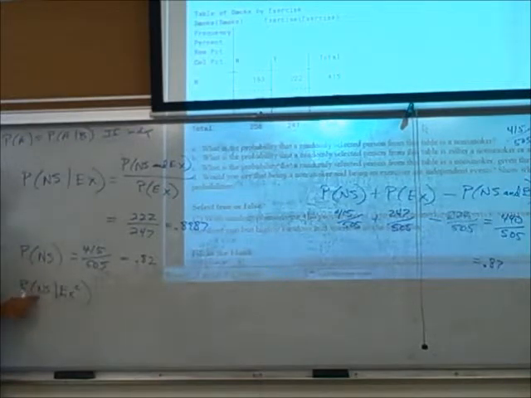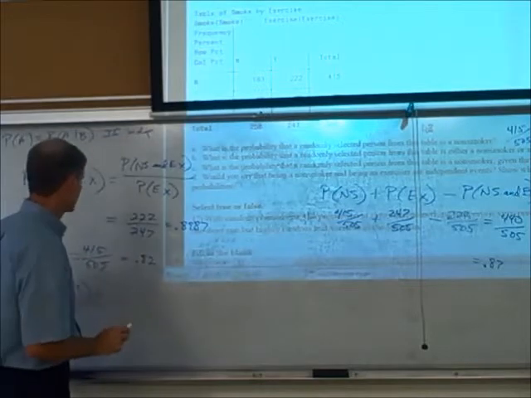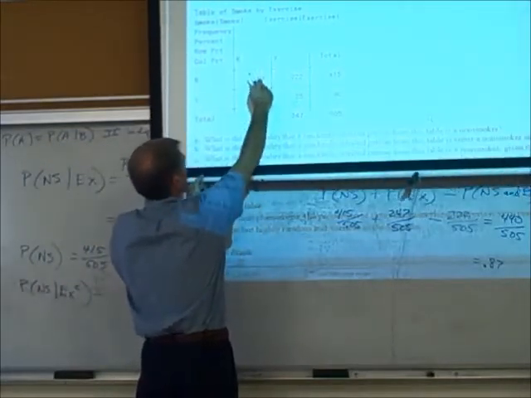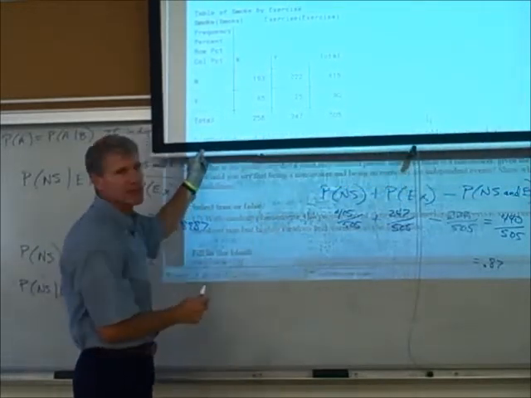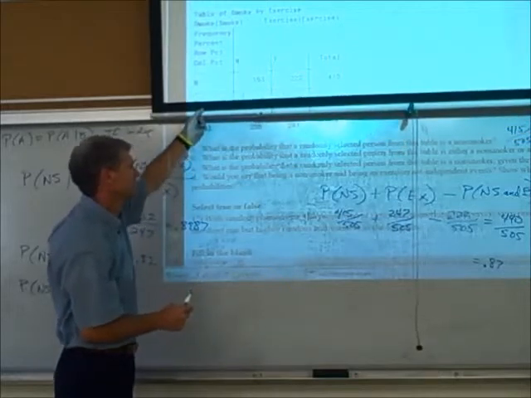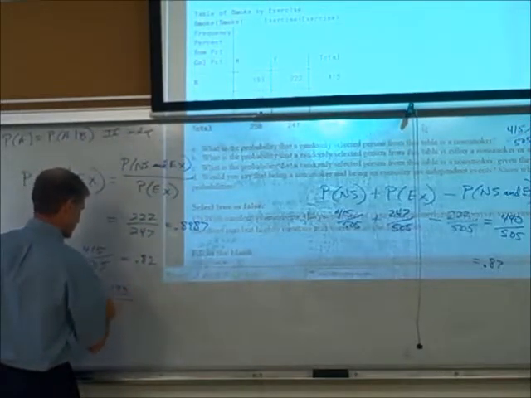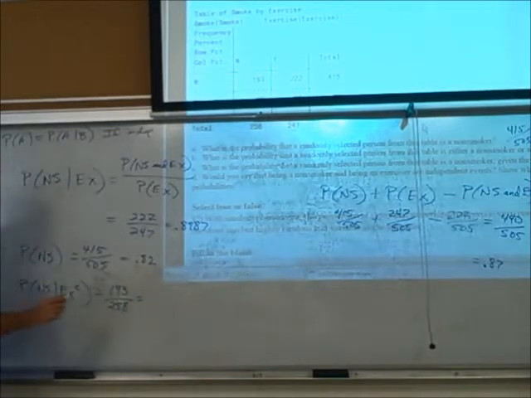Now I'll say what proportion of non-exercisers don't smoke? And that, from the table, probability of non-smoking given they were a non-exerciser is 193 out of 258. Somebody give me that as a decimal. 0.75.